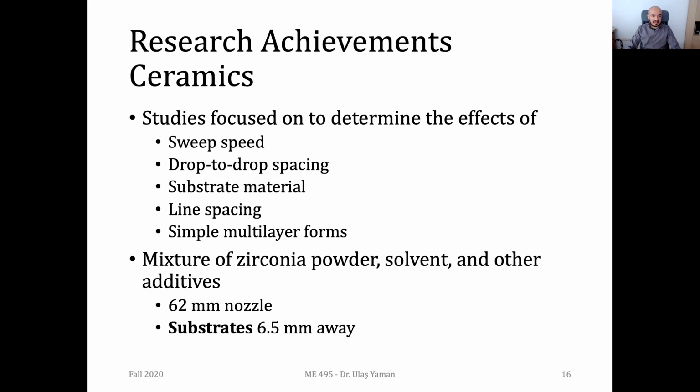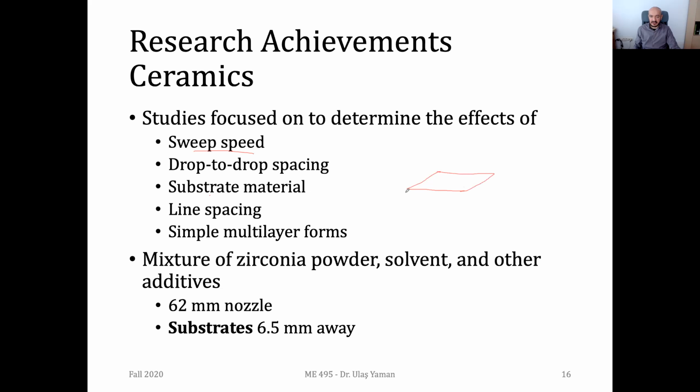And on the ceramic side, again, people have some similar experiments, similar studies. They focused on sweep speeds, the scanning speed, drop-to-drop spacing, and the substrate material, the initial material they need to work on.